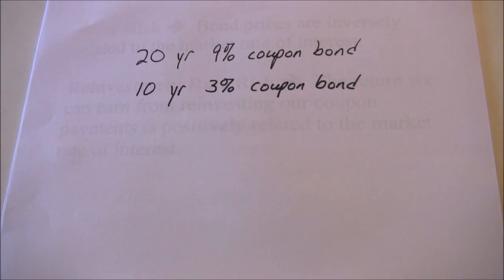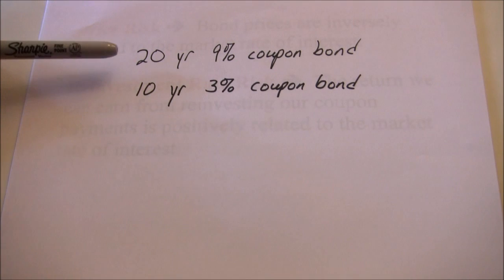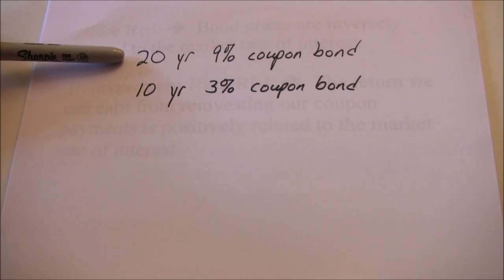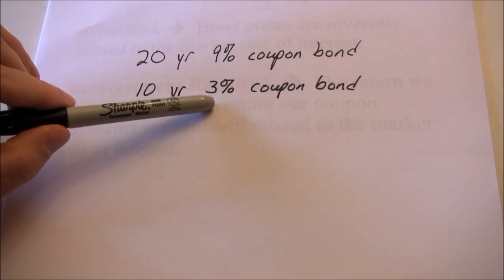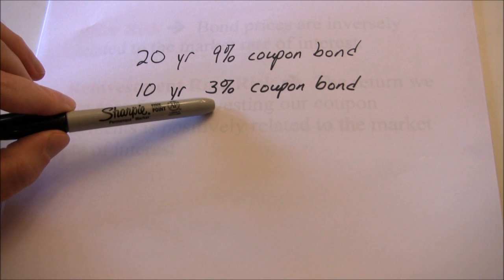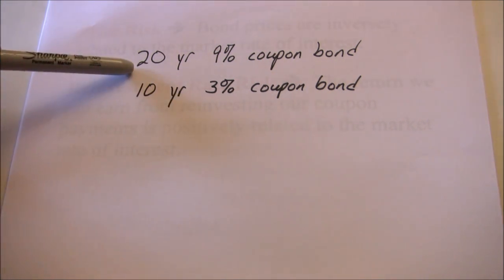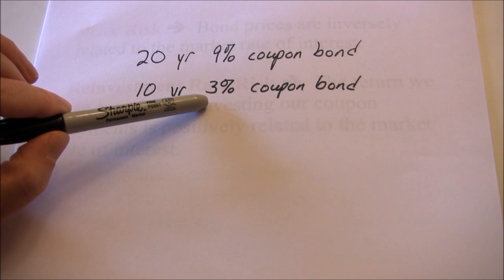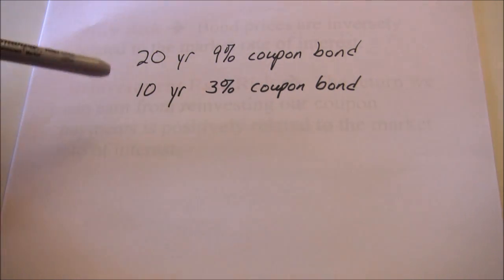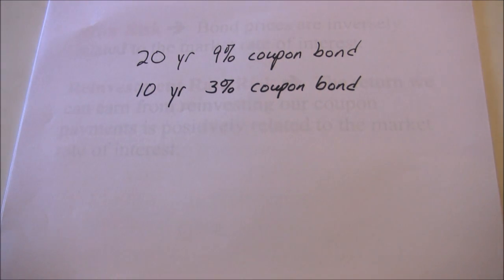Now, we said that all else equal, a long-term bond is going to be more sensitive, which would mean the 20-year bond will be more sensitive to interest rate changes. We also said that low coupon bonds are more sensitive. So is the longer time going to be a big factor, or is the lower coupon going to be the driving factor? How do we know which of these bonds is going to be more sensitive to interest rate changes?